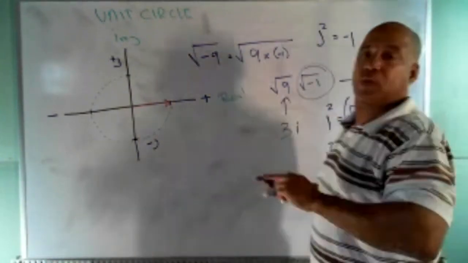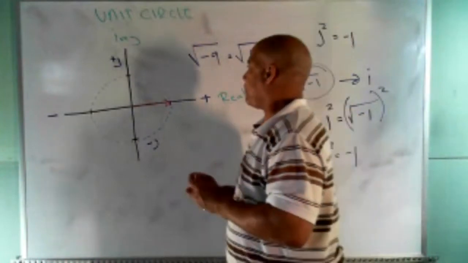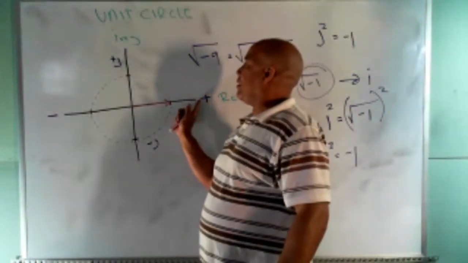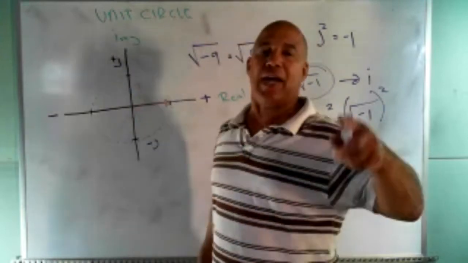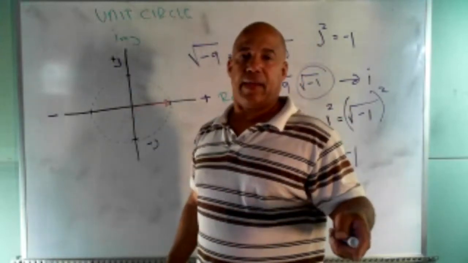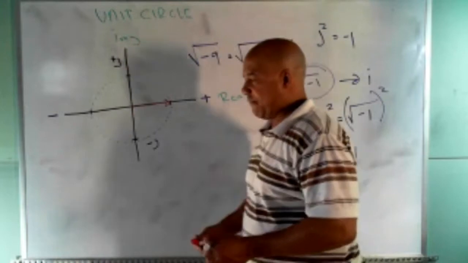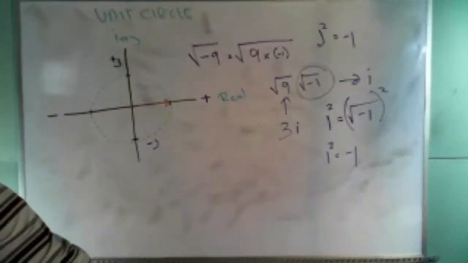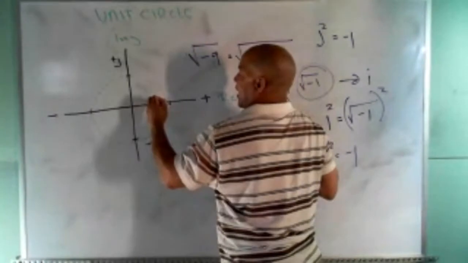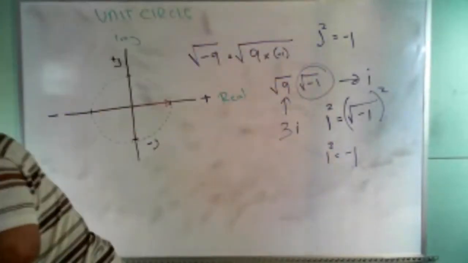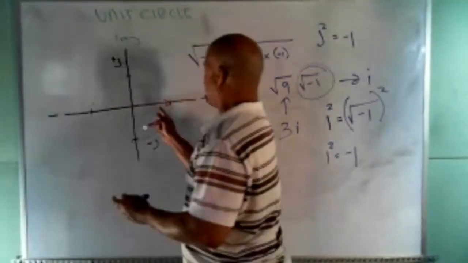And the way you do the rotation is this. Every time you move around a quarter circle or 90 degrees, that's one factor of J. So what I'm saying is this. If I start right here, let me show you what I mean by rotation. So I got this radius vector.